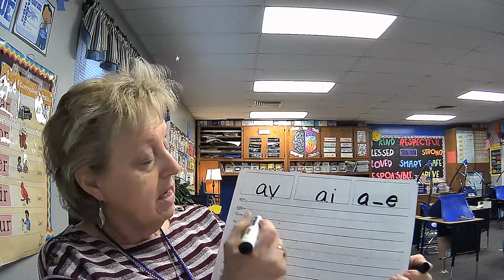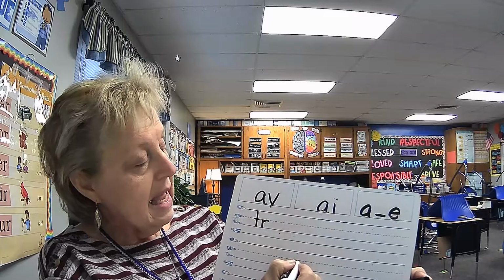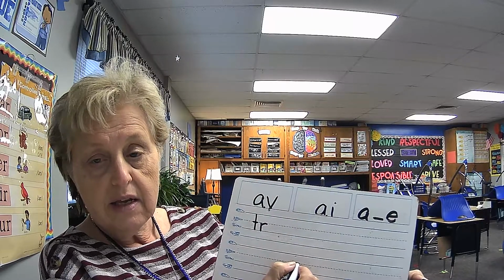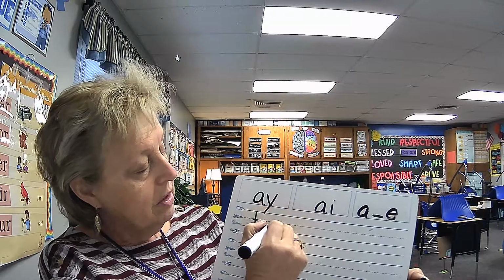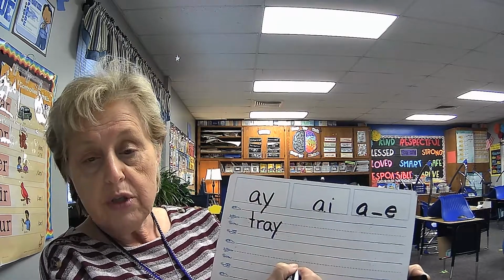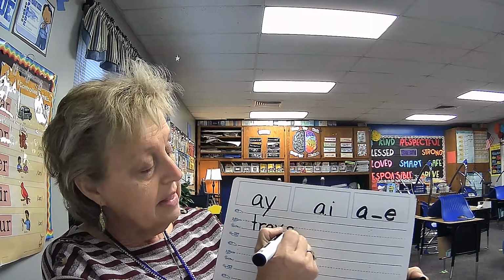Well, the letter Z, but also the suffix S, trays. Let's start at the beginning. Tray. Ooh, which one does it have to be if it's at the end? That's right, AY, tray. And how would you add the suffix? Trays. You would just add an S.